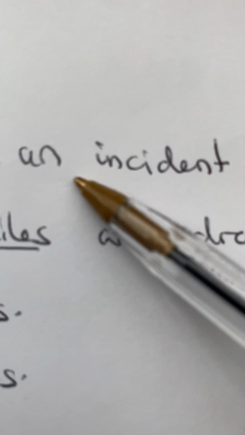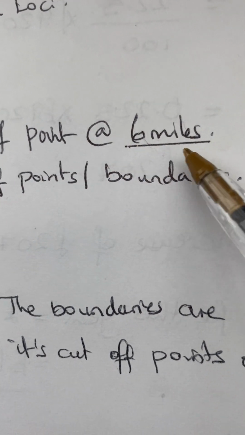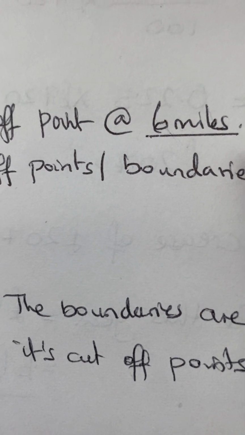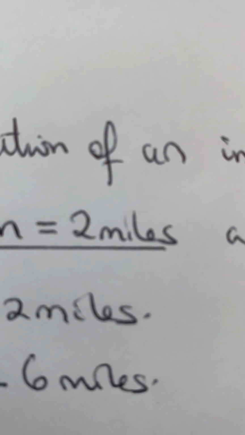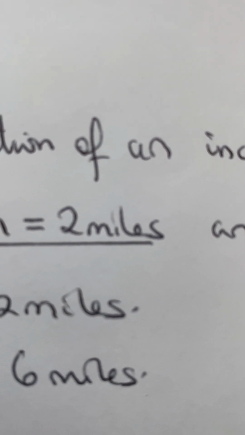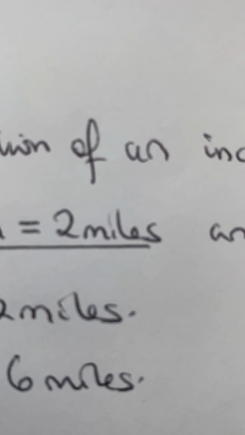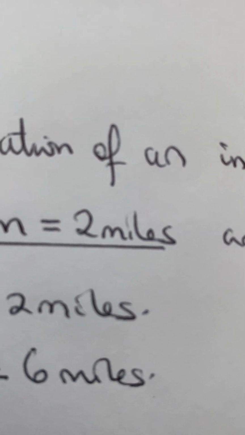An investigation into an incident had a cutoff point at 6 miles. So for instance, something happened at a property, and they are extending the investigation up to 6 miles.